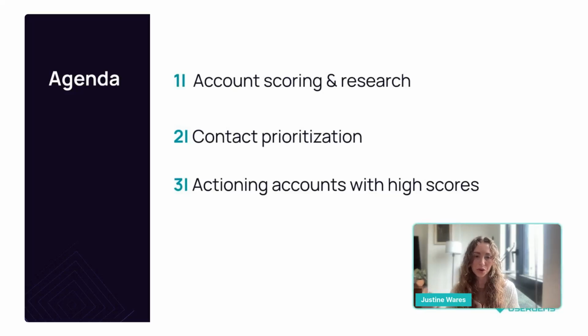We're not just delivering scores and then making sales try to figure out what to do with them. And then the actioning part. I'll show you how we recommend actioning them, either if you're in ABM and trying to select accounts for your ABM programs, or if you're trying to automate a sales motion and pick those accounts and automate them into outreach.